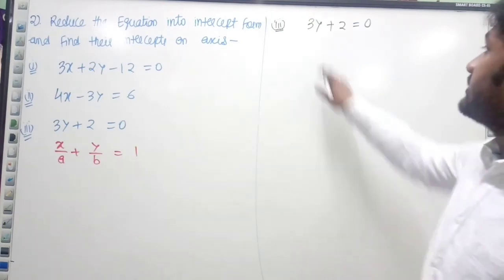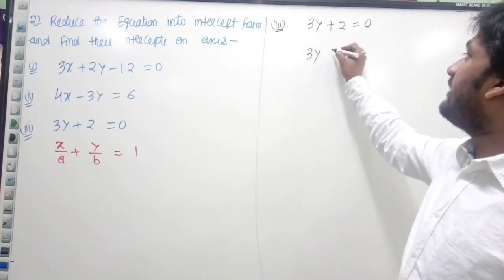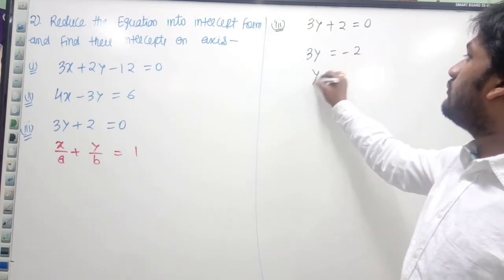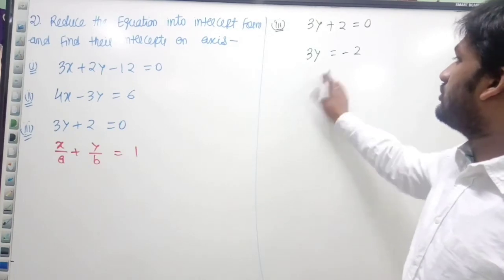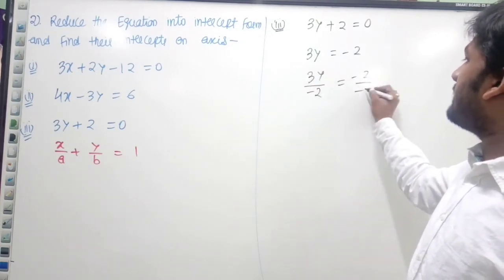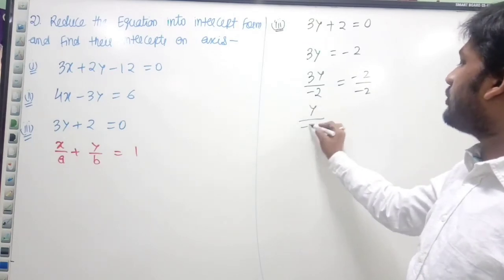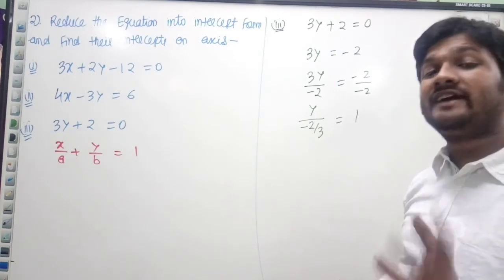Third is 3y plus 2 equal to 0. So I can write 3y equal to minus 2, y equal to minus 2 by 3. So I can write y upon minus 2 by 3 equal to 1. No term of x is there.